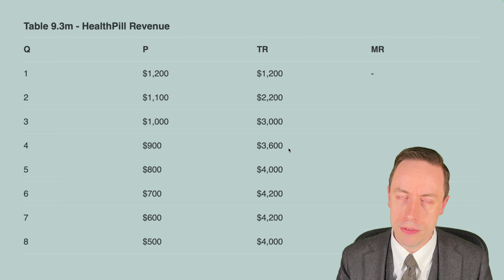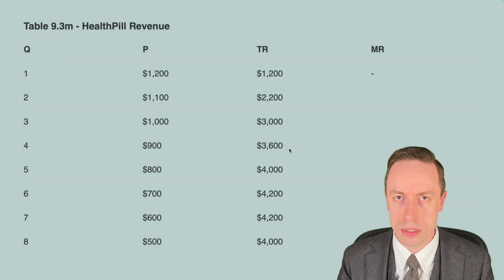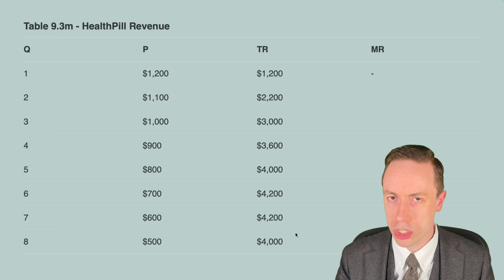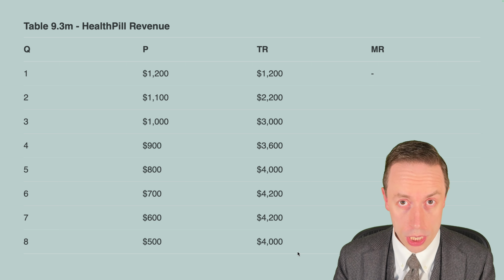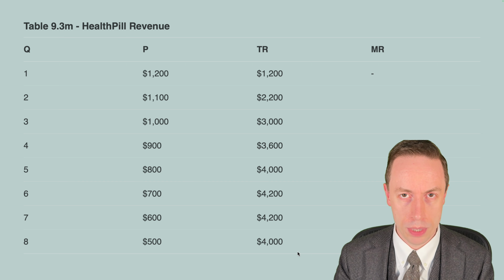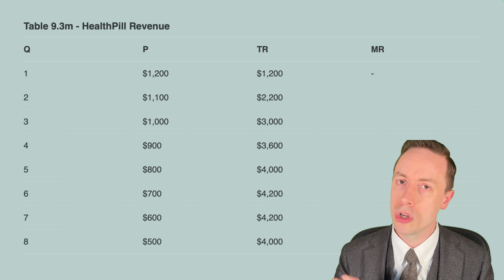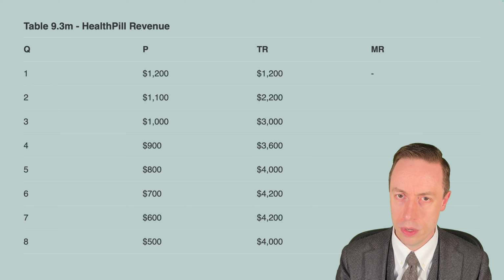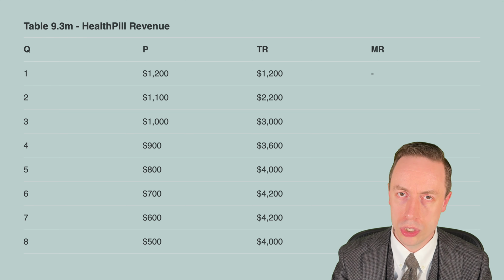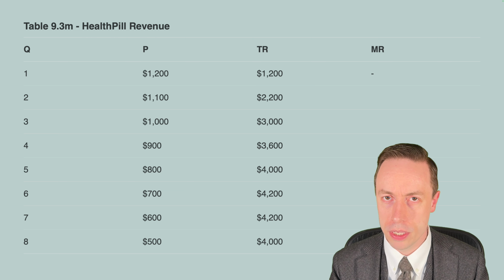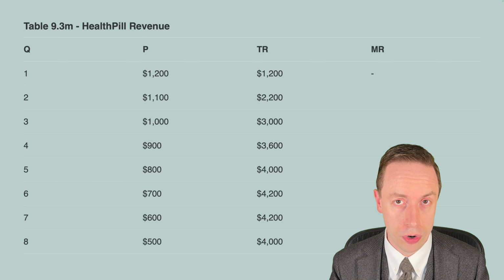And eventually you can even get to this almost paradoxical result where if you sell more of your product, revenue actually decreases. We're not talking about profit here, right? Profit's revenue minus cost. All sorts of companies, if they sell too much, cost goes up too much, profit falls. We're talking about revenue. You can get to a point where selling more units actually results in people giving you fewer dollars for that product.